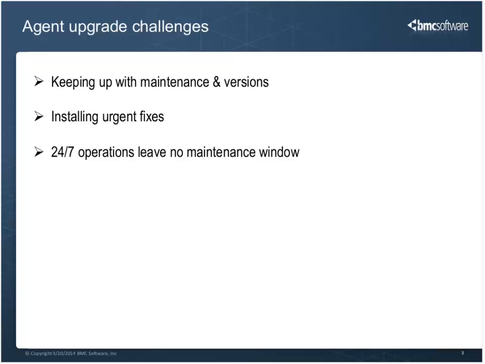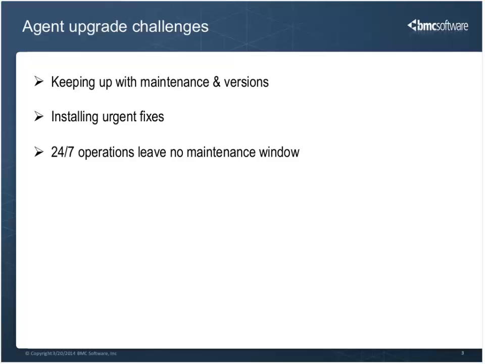Now, a single agent upgrade is technically simple, but still requires the Control M administrator or whoever is responsible for performing the upgrade to liaise with other parts of the business, agree a time window to install the upgrade, and ensure that no jobs will run during that time window. 24/7 operations make it a real problem in many organisations to get approval from the business for an interruption to the production schedule for maintenance installations and upgrades.